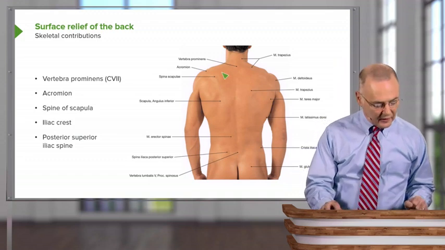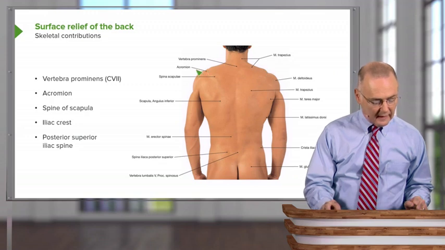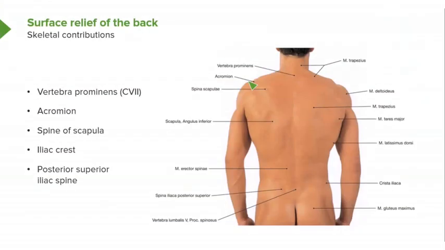We also have skeletal relief provided here and over here, and this represents the acromion, which is the lateralmost projection of the scapula. And the acromion here laterally represents the point of the shoulder. We also have the spine of the scapula providing skeletal relief, and we see that labeled right in through this area.